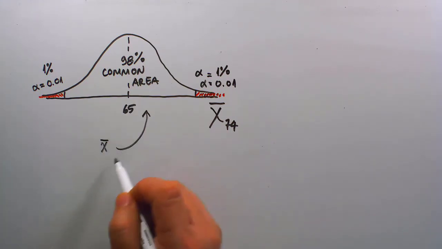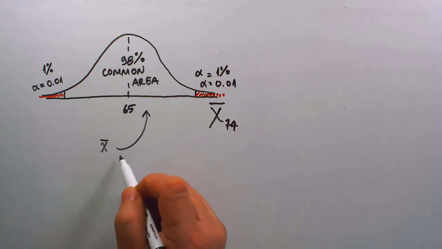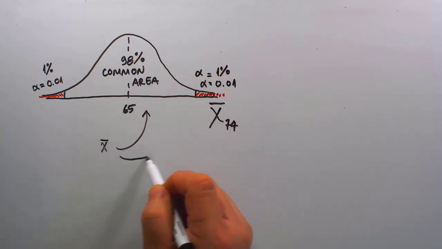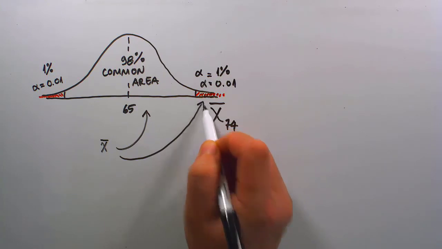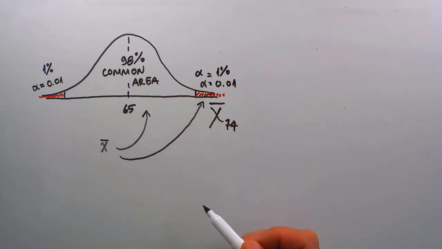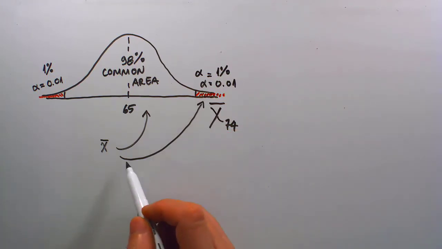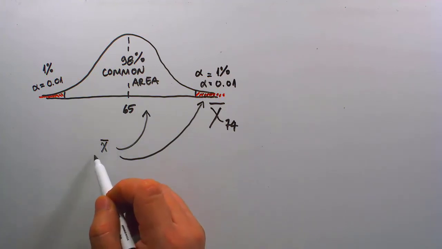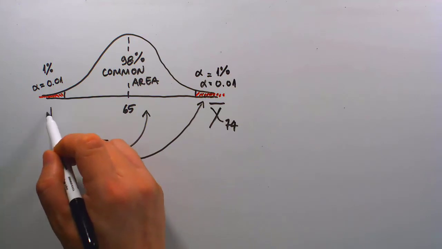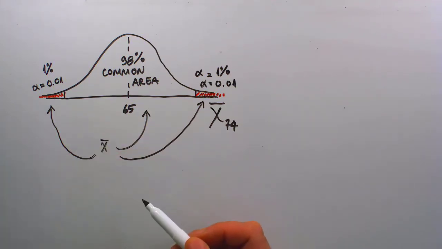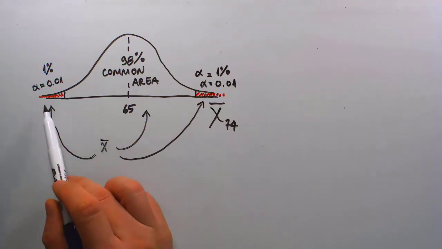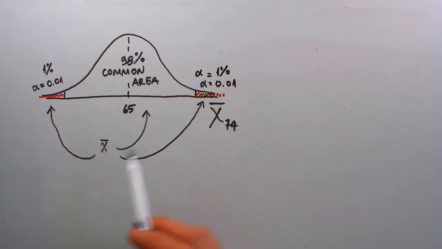But what if the sample mean is far enough to the point where it's either falling into the right tail unlikely area there, or it's far enough lower than the center so that it would fall into the left tail red shaded area there, either one of the two unlikely areas.